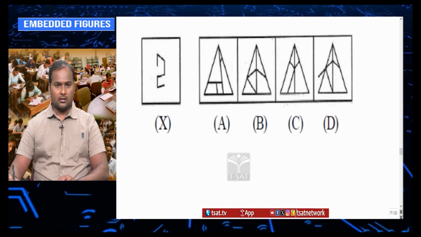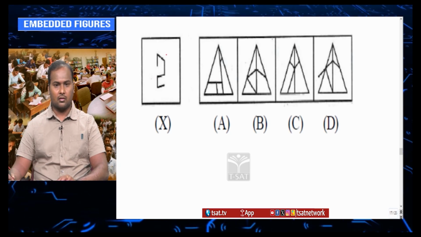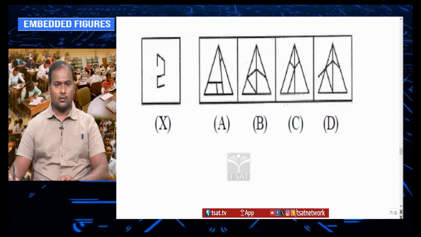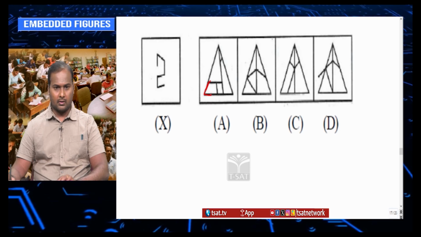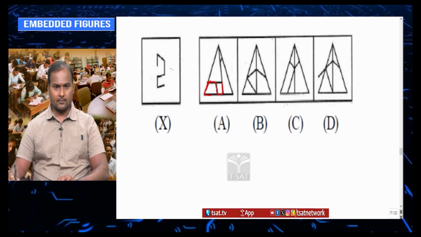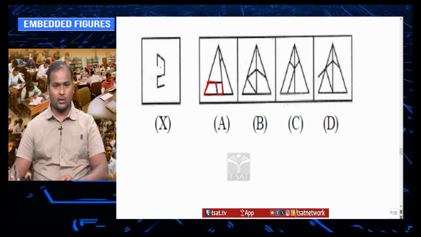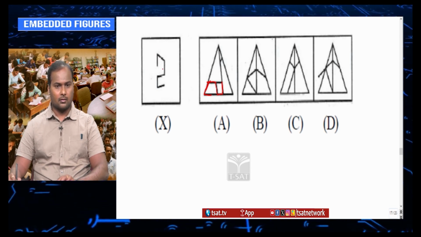See, I always said that this should not be exactly present in the answer figure. It may be in a rotated form also. So, for this, if you see the answer, it is embedded somewhere here. See, this is the embedded portion. So, this figure is embedded here. See, he rotated it. How did he rotate? He rotated it in the anti-clockwise direction by 90 degrees.